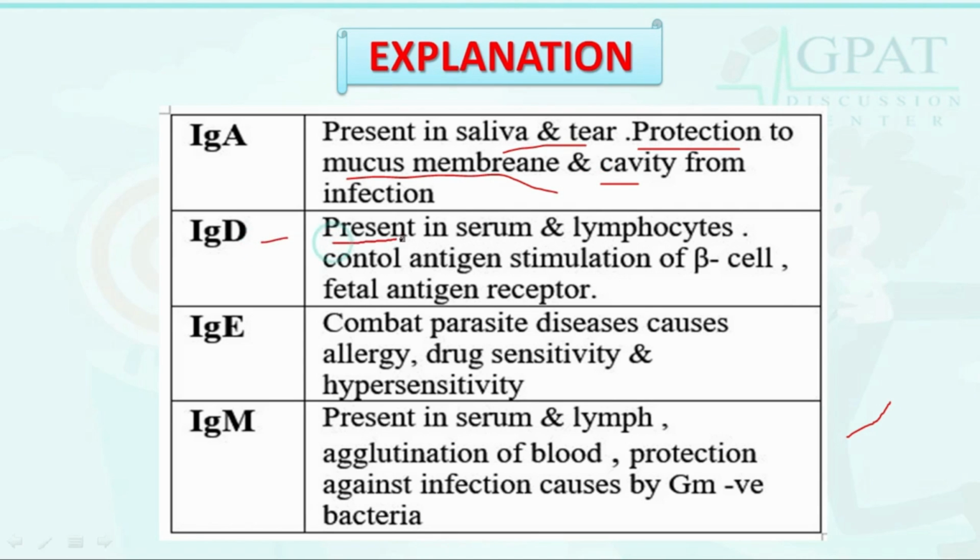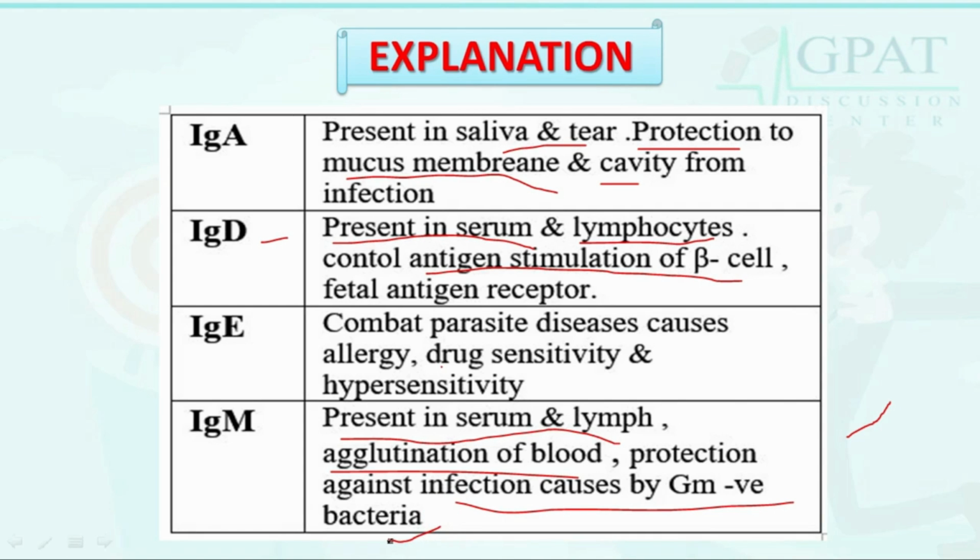IgD is present in serum and lymphocytes, which control antigen stimulation of beta cells and acts as fetal antigen receptor. And IgE combats parasite disease, causes allergy, drug sensitivity, and hypersensitivity. And what about IgM? IgM is present in serum and lymph and causes agglutination of blood. Then the function of this is protection against infections caused by bacteria.